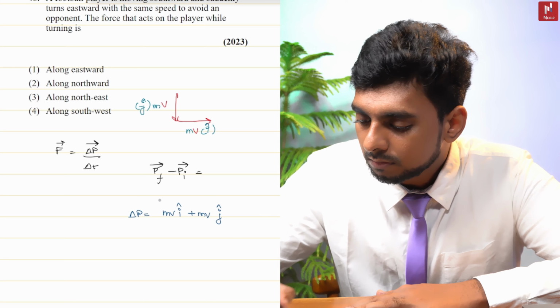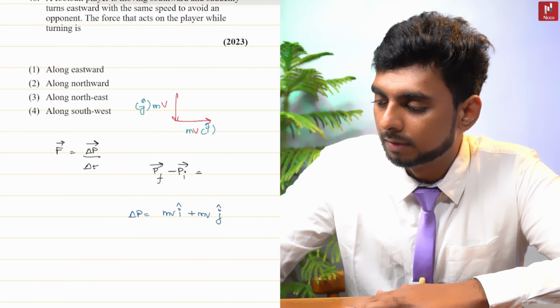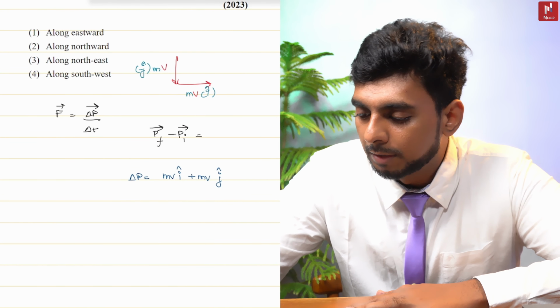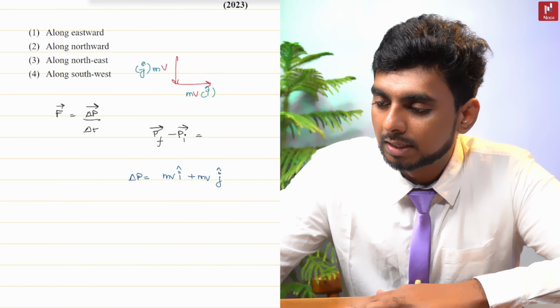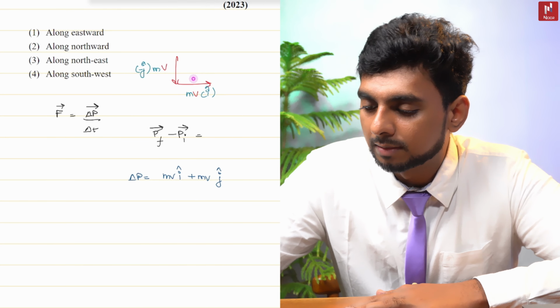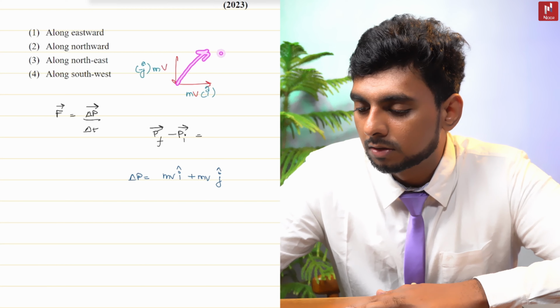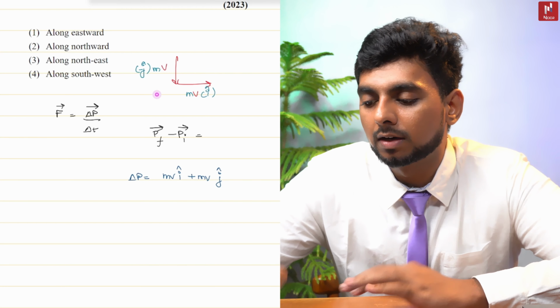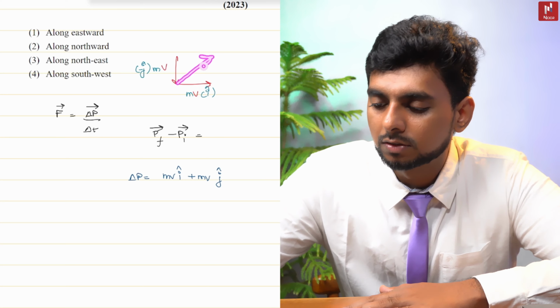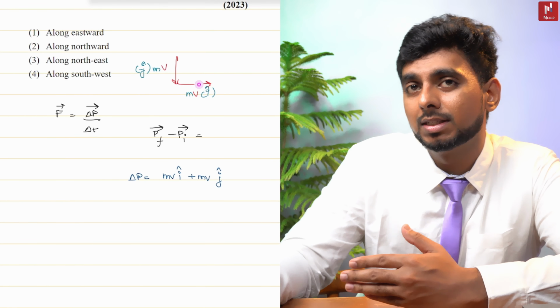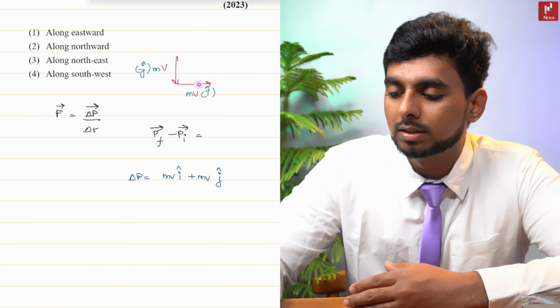So the direction of the change in momentum will be along plus i cap and plus j cap, something like in this direction. The force should act on this guy in this direction, and that is when he'll be able to change his orientation towards the east.